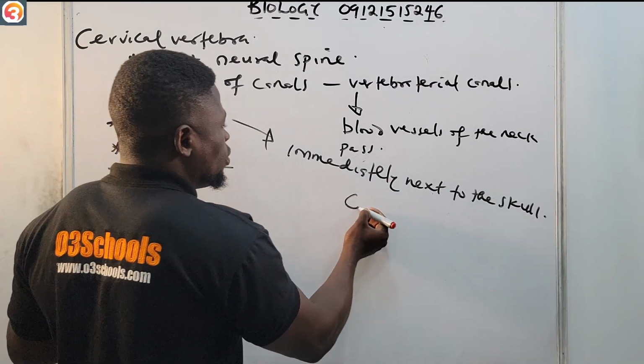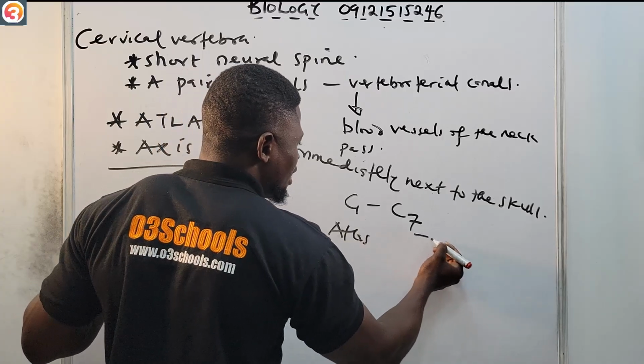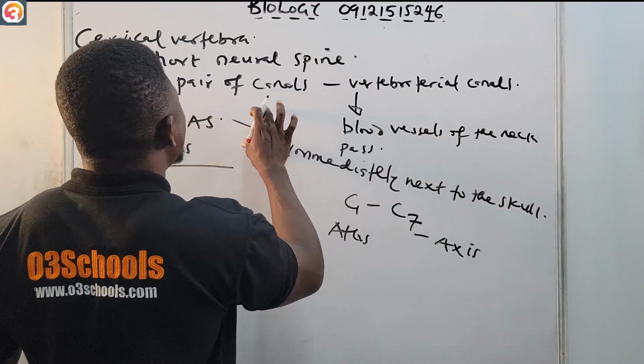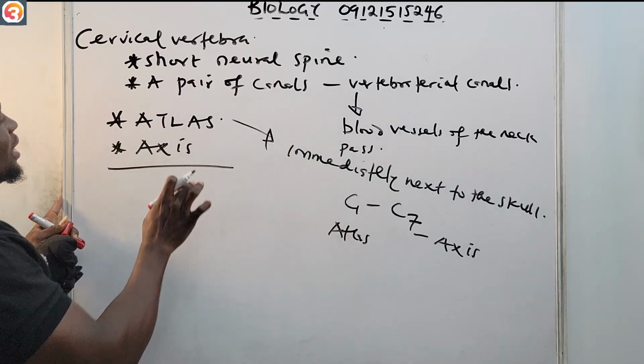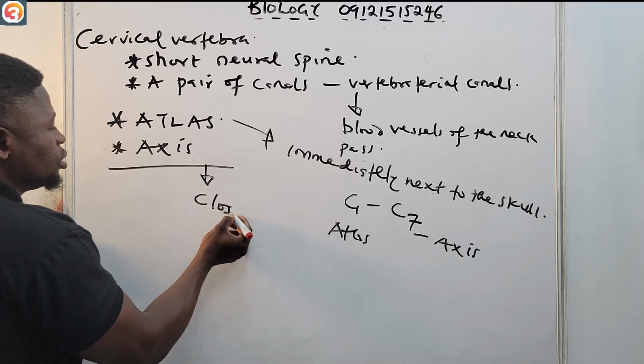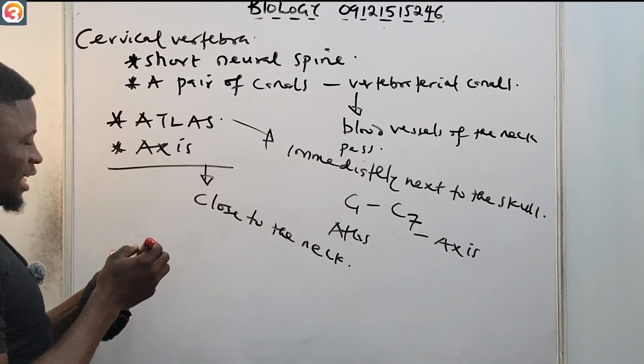So we have C1 to C7. C1 is the atlas, C7 is the axis. The atlas is immediately next to the skull, while the axis is close to the neck. Please take note of that.